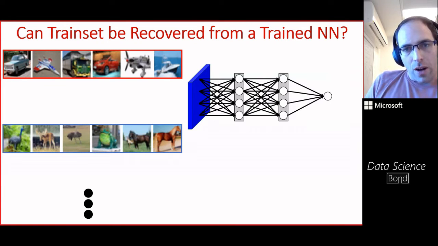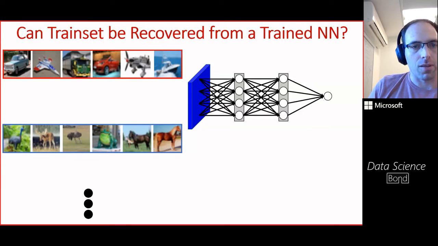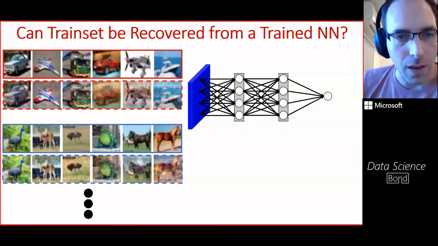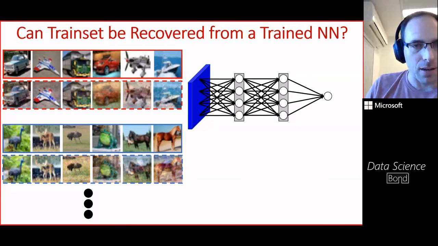If I give you this trained model, can you retrieve somehow the training set, or samples from the training set, or something from the training set? And this is what we show actually in our work, that for some cases, this can be done. And here you see some examples of reconstructed samples from the training set of this model.